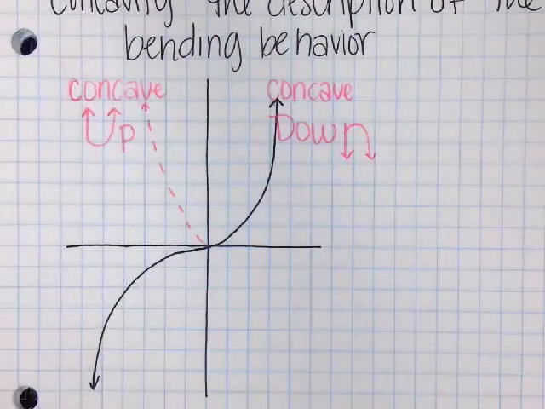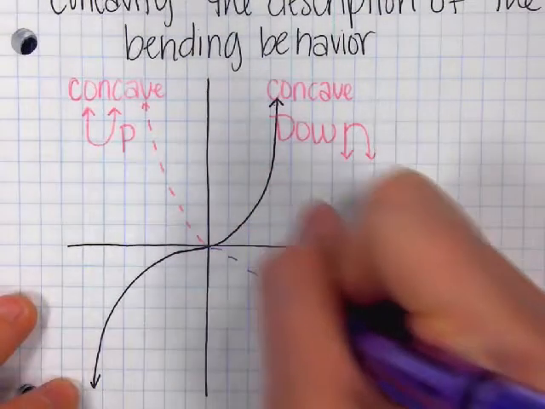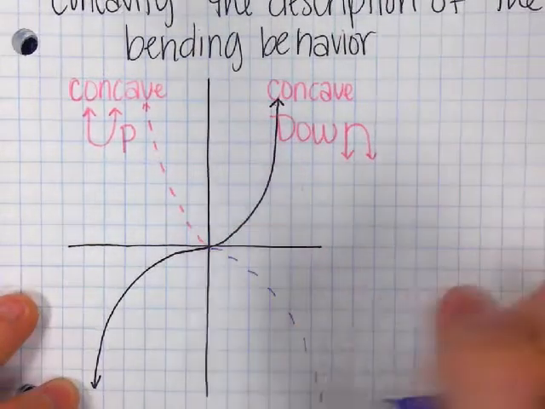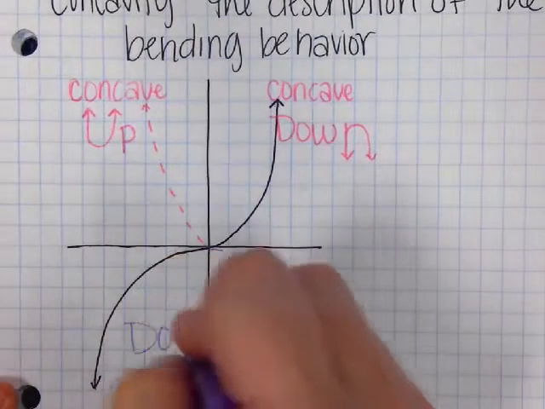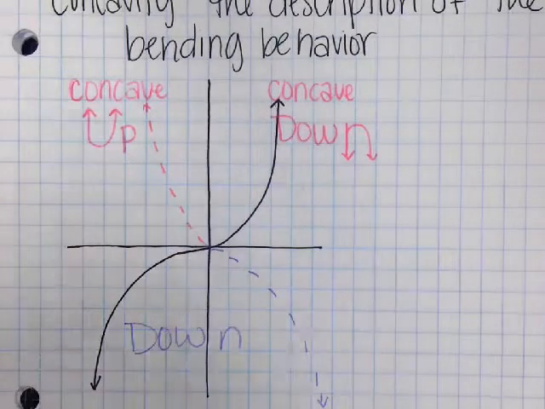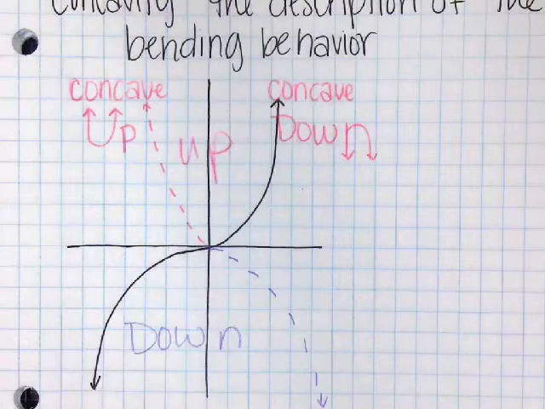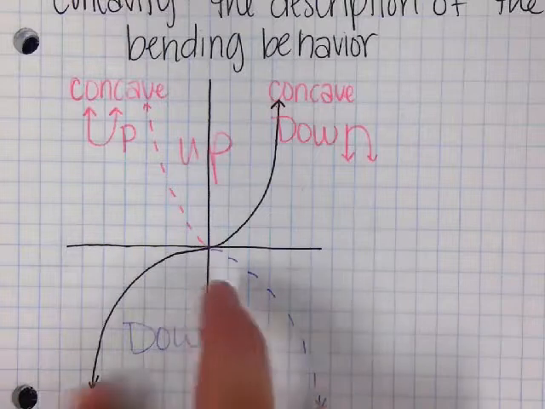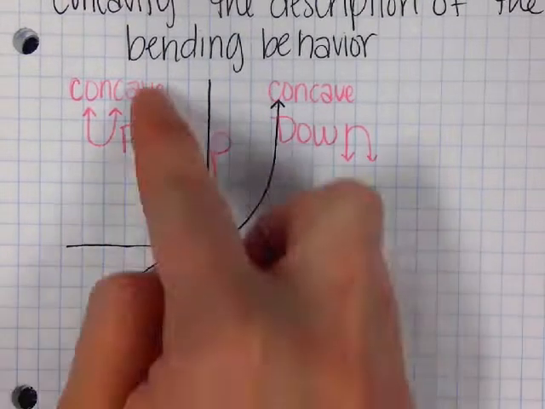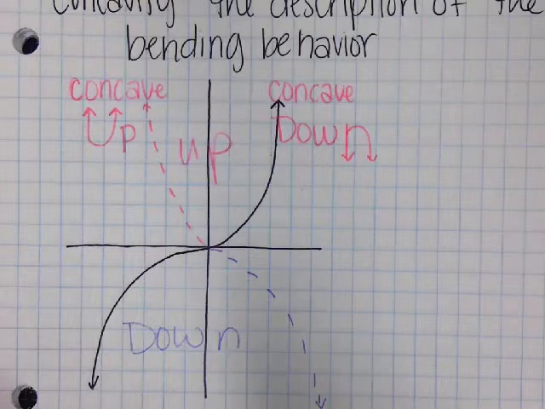This up here is concave up. And then this down here is concave down. So this is down, and this one is up. Now, the black is the actual function. So a part of the function is concave down, and a part of the function is concave up.